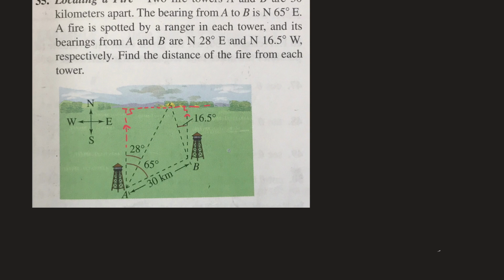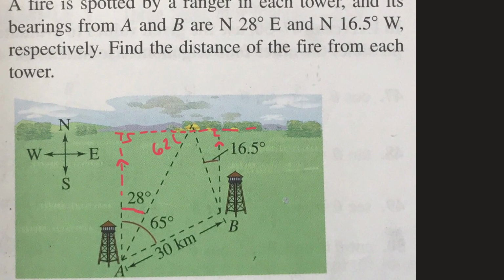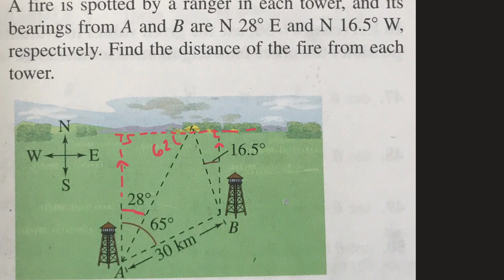We know that if this angle is 28, we can get this angle by subtracting from 90. That makes this one 62. If we look at the other side, we can do the same thing to get this angle using the 16.5 angle measure. That makes this angle right here 73.5.